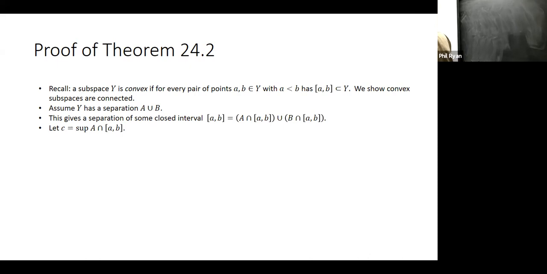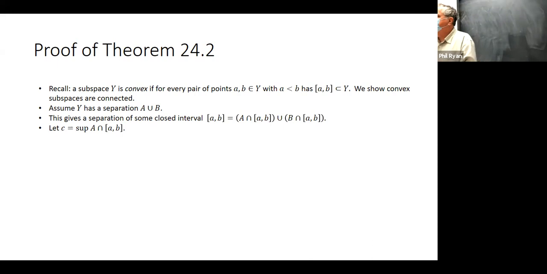And so basically we're going to show that convex subspaces are connected, and so that'll prove it for us.